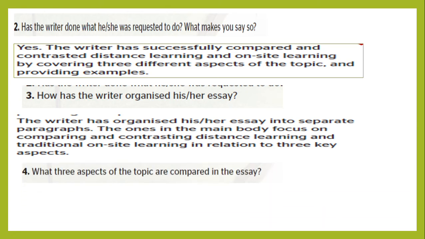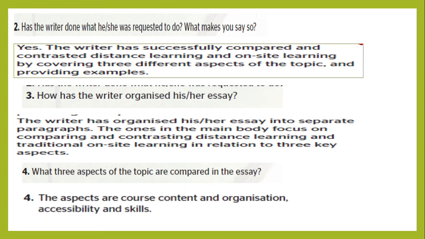Question number 4. What 3 aspects of the topic are compared in the essay? We have 3 aspects that we compared in our essay. This is in paragraph 2, paragraph 3, and paragraph 4. You can pause your video, read them carefully, and decide what these 3 aspects are. Okay?